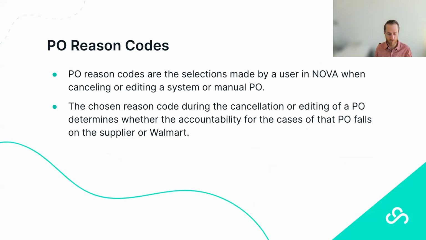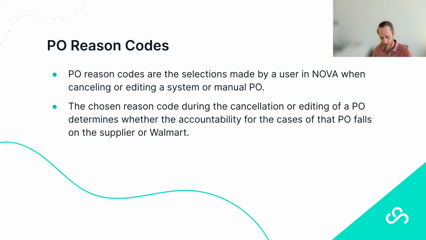But just to reaffirm the process of canceling or editing, typically that's done in Nova. If you have a team that is making cancellations or edits, they're typically doing that in Nova. And again, they may just be selecting from a drop down. In our experience, there does not seem to be any indicator whether something is Walmart accountability or supplier accountability, so they're just picking from a list.